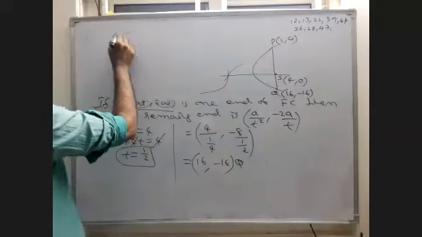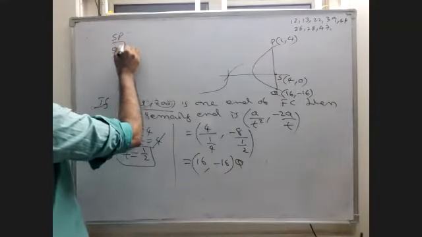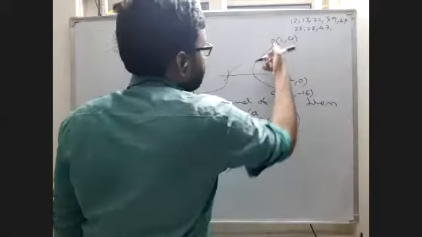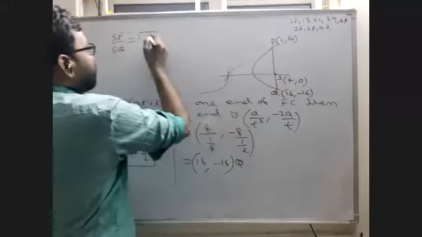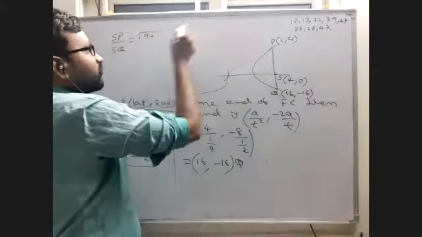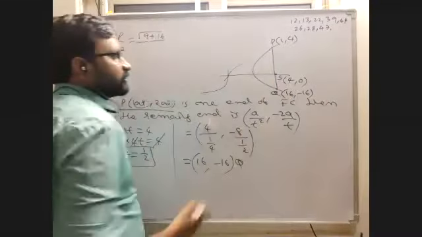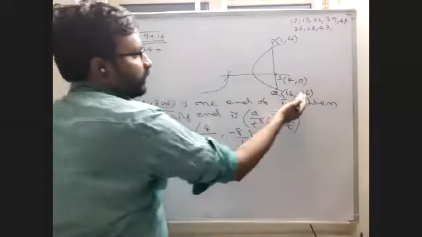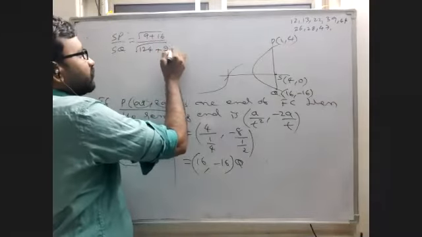Here SP by SQ is equal to SP distance: root over x2 minus x1 all square, 4 minus 1 is 3, 3 square is 9, plus 0 minus 4 is minus 4, square is 16, which is 25, root 25 is 5. By SQ: 4 minus 16 is minus 12, 12 square is 144, plus minus 16 minus 0, that is minus 16 whole square, 16 square is 256.